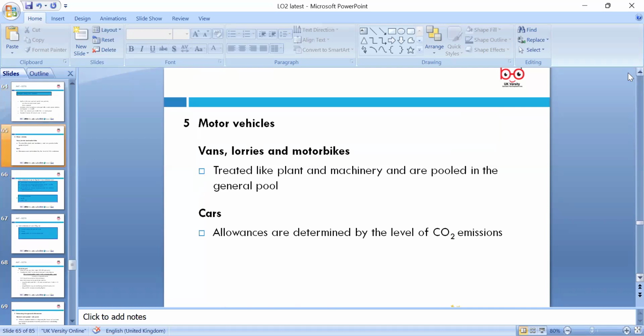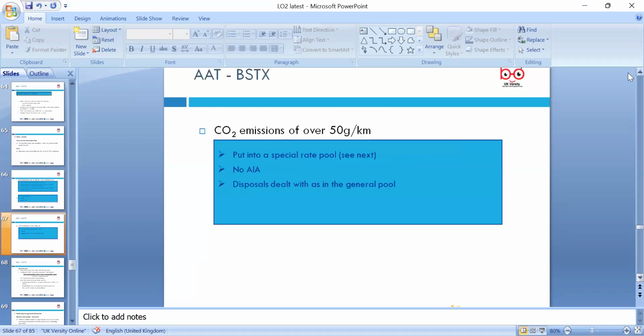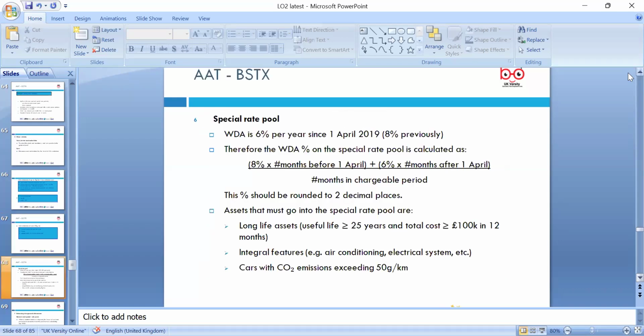As an example, in your assignments you've been given these, so please use them for the sake of your example. So 100% first year allowance is explained for the new car, and the second hand. The zero emission cars are treated as a car with CO2 emission between 0 to 50, and no annual investment allowance and written down allowance. So CO2 is something we can look at.